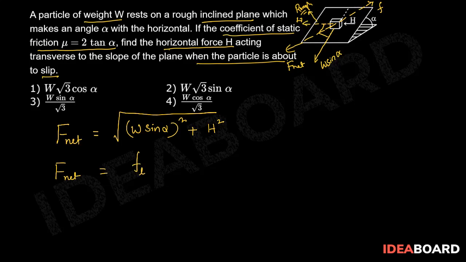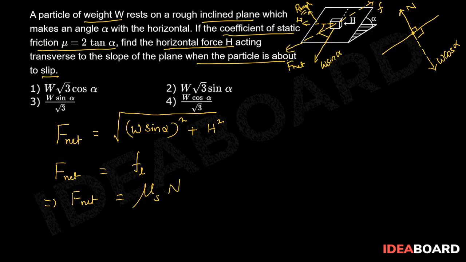And if we draw a free body diagram perpendicular to the inclination, we will have the normal force acting perpendicular to the inclination in the upward direction, and this normal is balanced by the component of its weight, W cos alpha. So F net, equal to limiting friction, is written as mu times the normal reaction force.